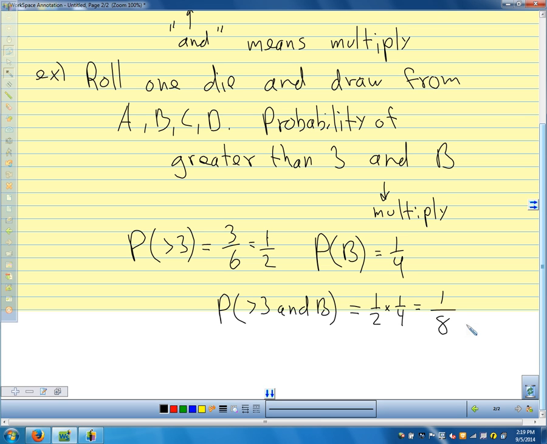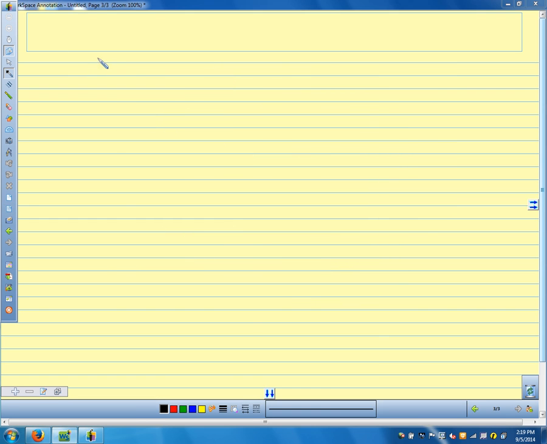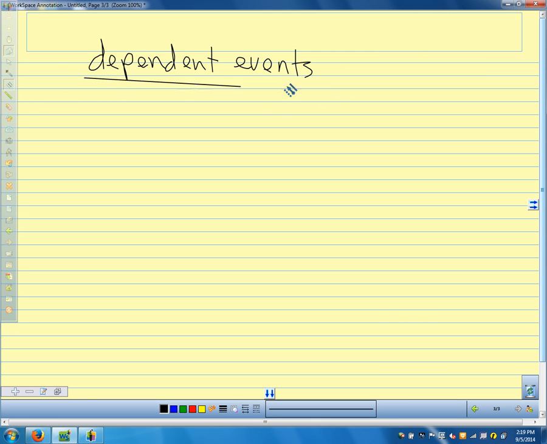Questions there? Okay. Let's look at an example with a dependent event. So we'll calculate a probability just like we did on our worksheet.